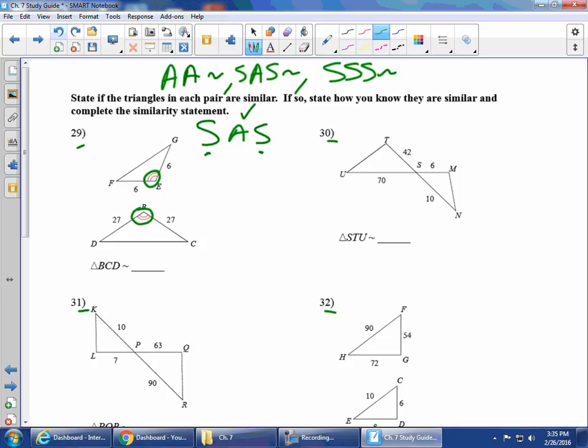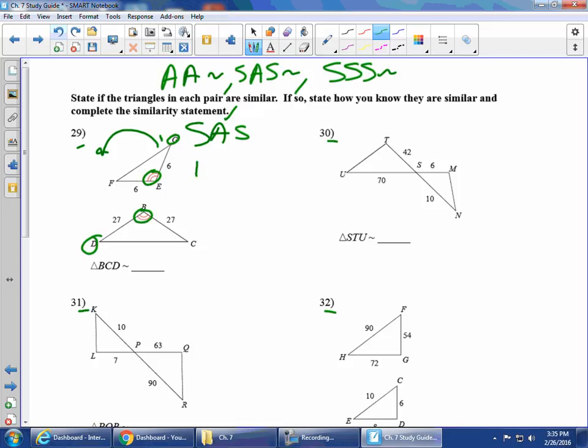You deal with the sides by checking if they're proportional, and if it's got the same rate there. So let me get rid of some stuff. I should have just erased that, sorry. So I got the angles checked here and here. Anyways, what you're going to do is take this triangle at the top here, and G is going to go with D, so it's going to rotate this way, and then that means that EG is like BD.